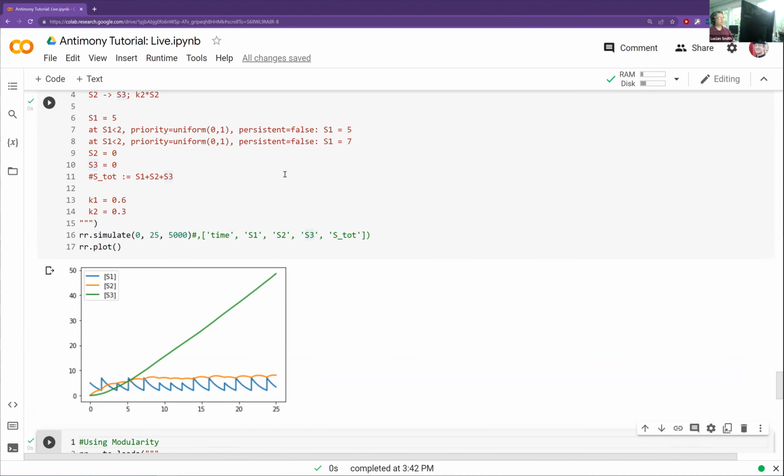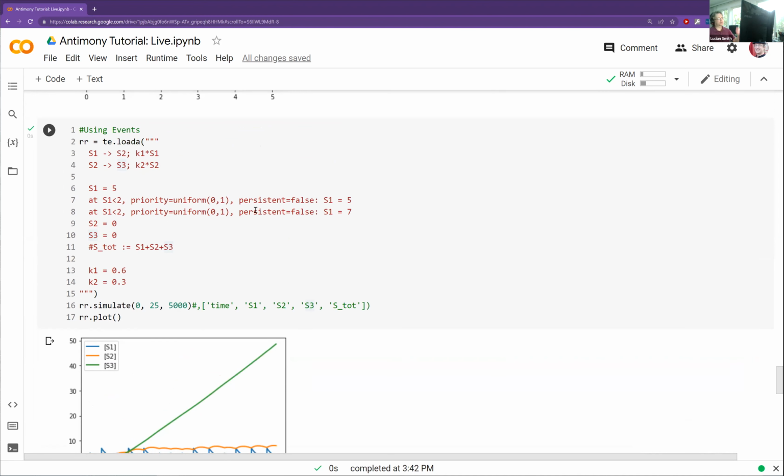So if you wanted both of them to fire, to compete with each other at an even level, you can do something like that. Let's say you want one to fire more often. One way you could do that is to do this. So now we set it to 5 and give it a priority of 0 to 1, but we set it to 7 with a priority of 0 to 2. That means that half the time this draw will be over 1 and it will just fire, and it doesn't matter what the other one did.